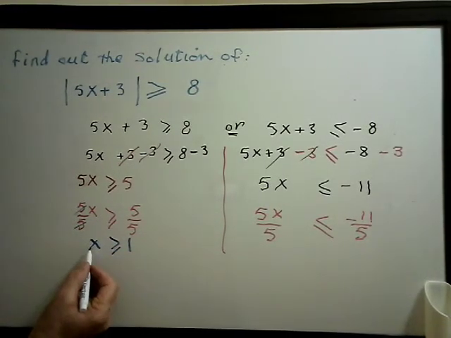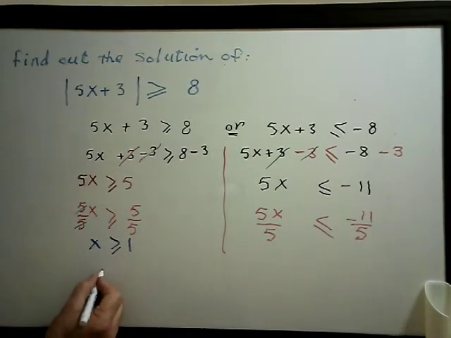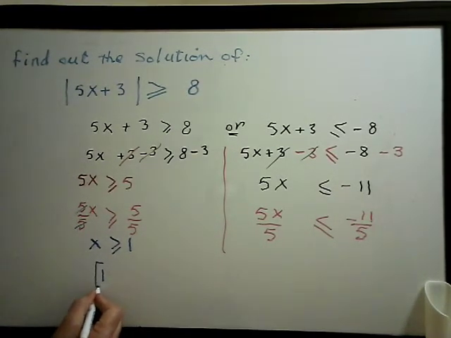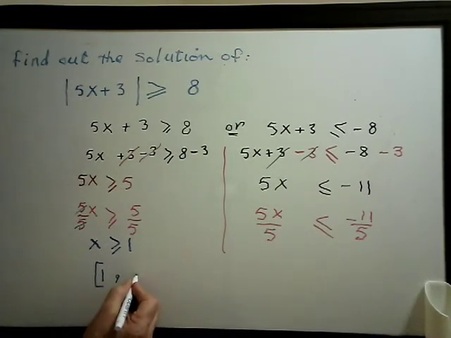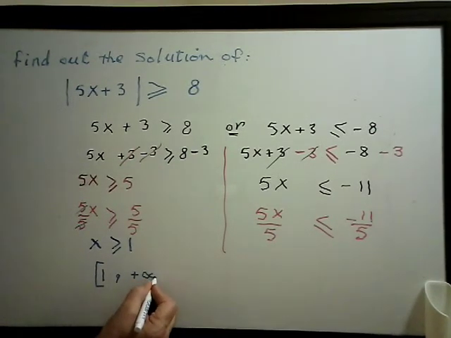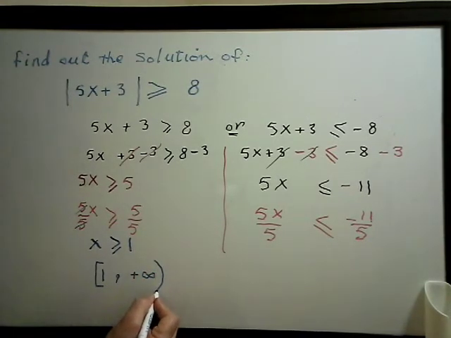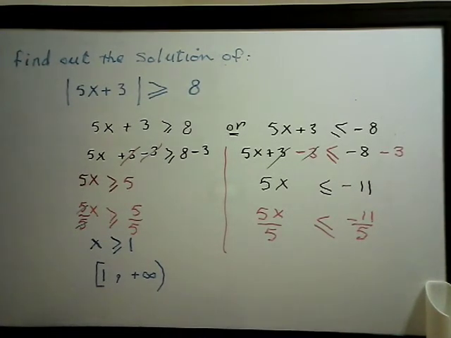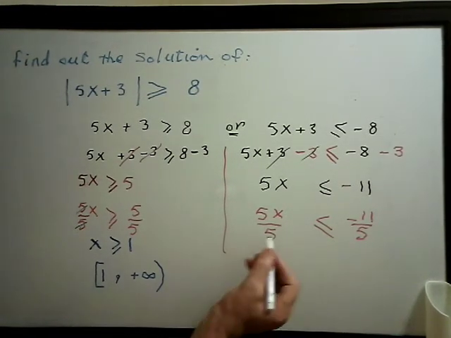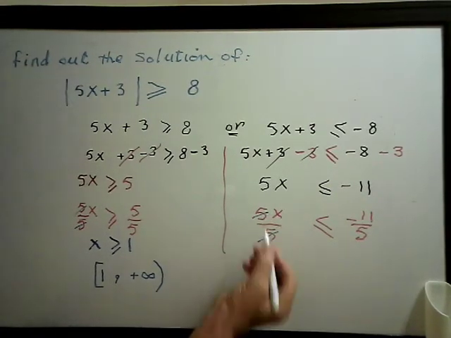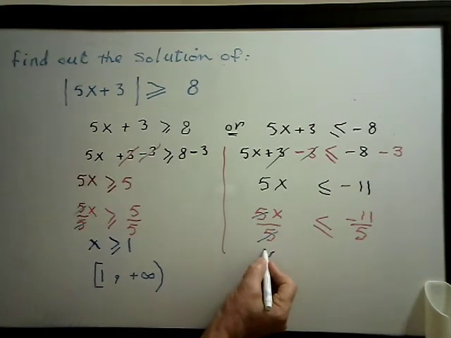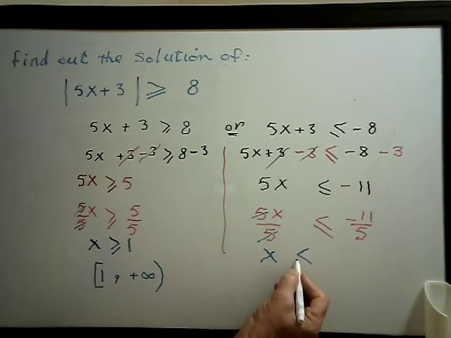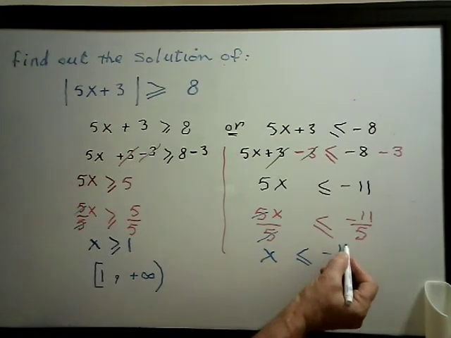This is expressed as an interval starting from 1 to plus infinity. Plus infinity is open because it is not a number, it is just a symbol to refer to the extension continuing without end. Here by cancelling 5 with 5, we just have x is less than -11 over 5.